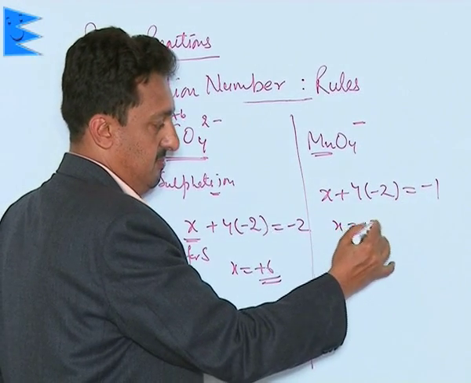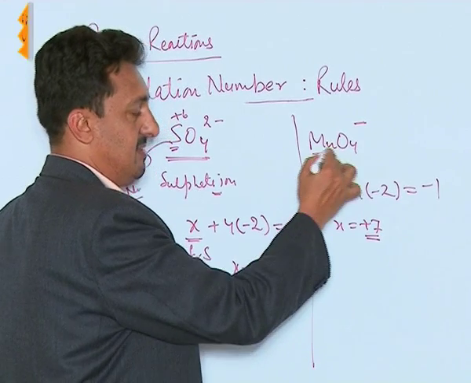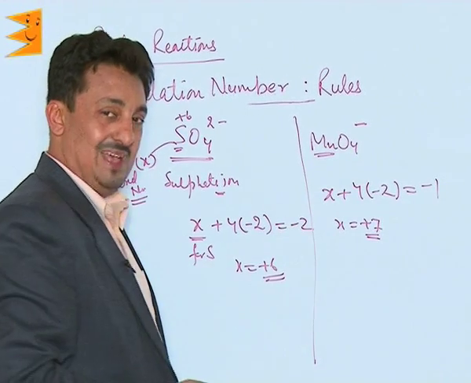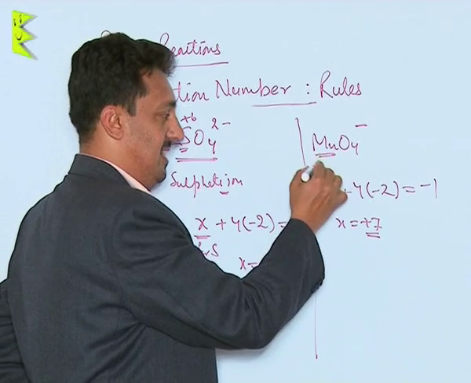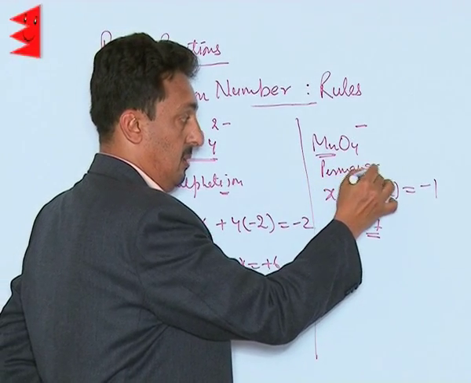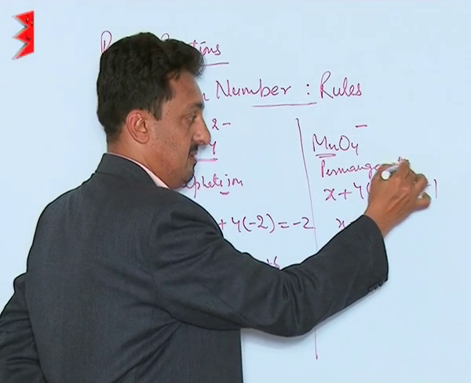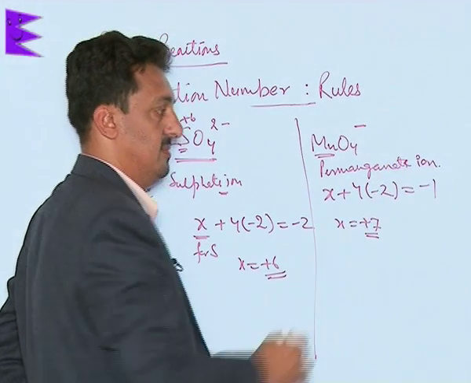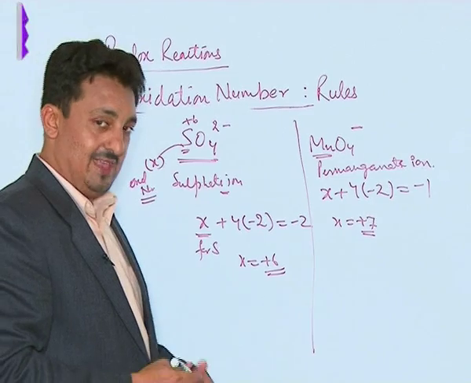This comes out to be +7. So manganese in this ion is in the +7 state. This particular ion is called the permanganate ion.